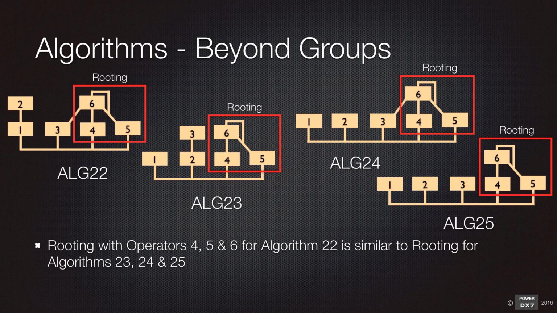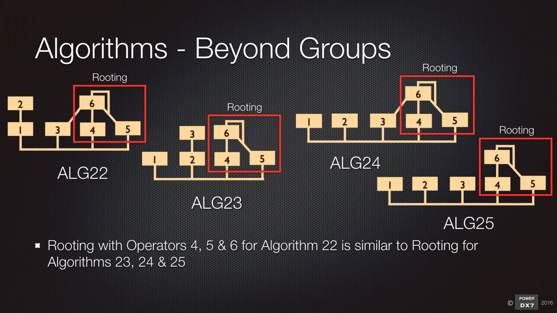If you look at algorithm 22, routing is made up from operators 3, 4, 5, and 6 with a feedback loop on operator 6. If we only include routing with operators 4, 5, and 6, then this routing applies to all algorithms 23, 24, and 25.